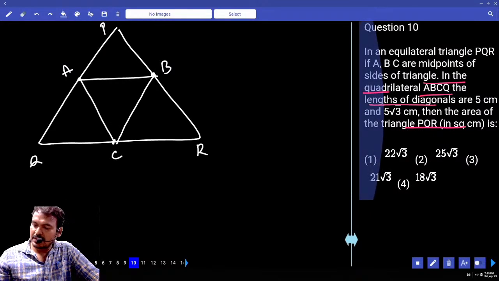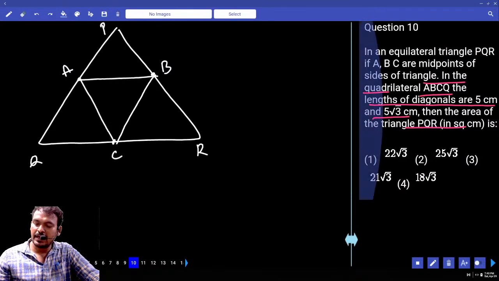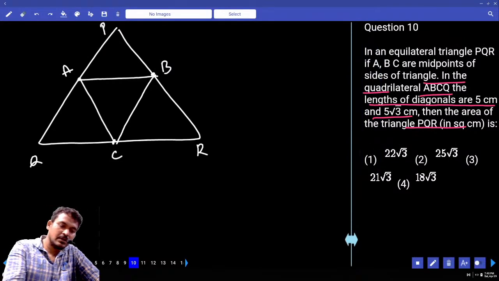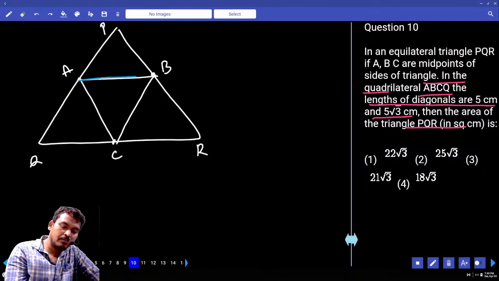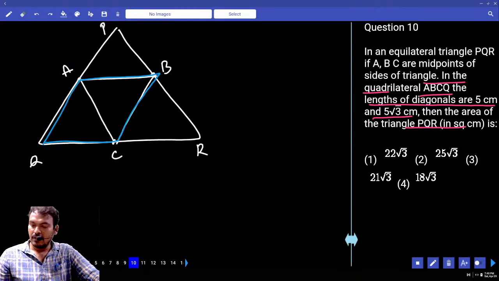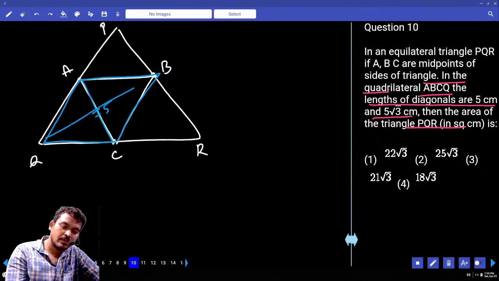And in ABCQ, the lengths of diagonals are which ones? 5 centimeters and 5 root 3 centimeters. ABCQ is a quadrilateral. What diagonals are given? One is 5 centimeters, another one is 5 root 3 centimeters.